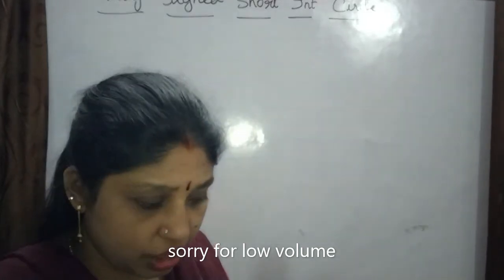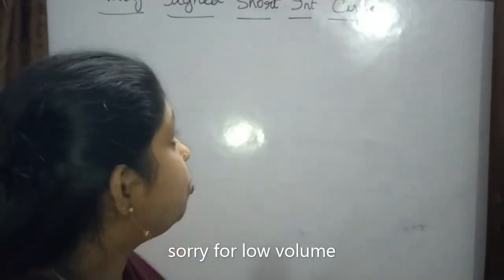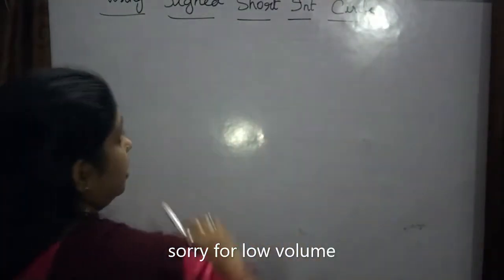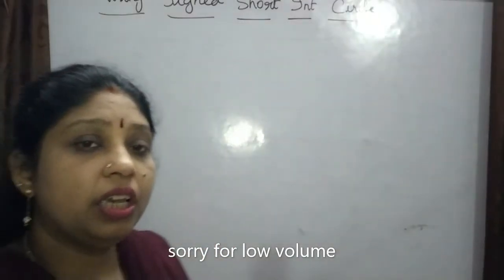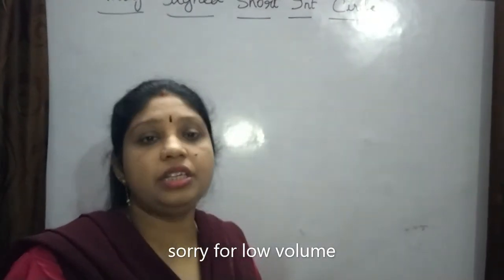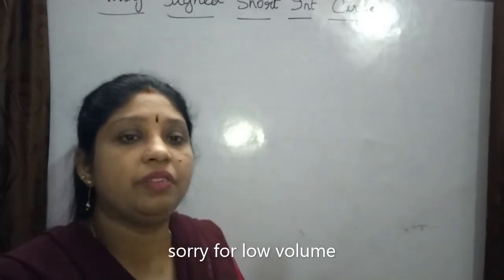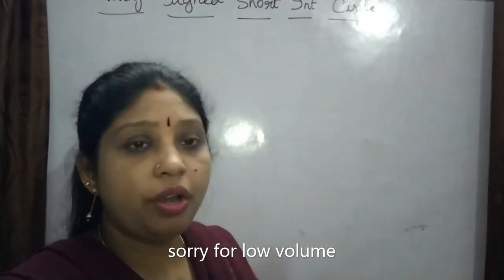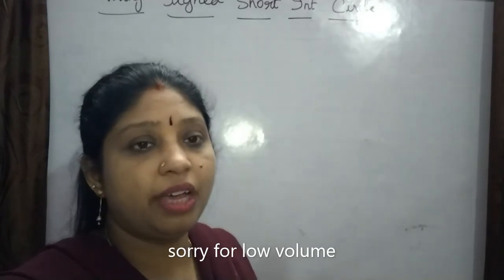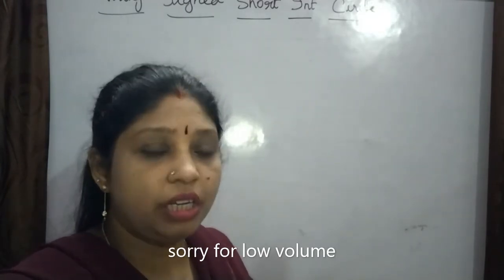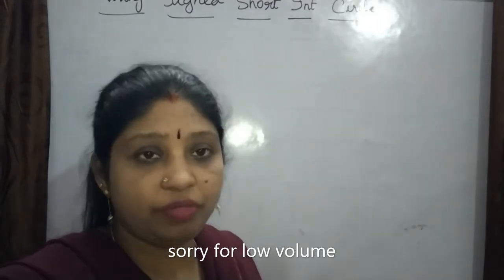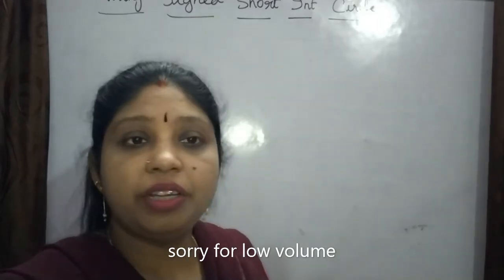Now today in this video I am going to explain about the signed short int circle. Actually, what is this signed short int circle? Why have they given the name circle to it? Because you already know the range of the values for short int, for signed and unsigned, and the different formulas.